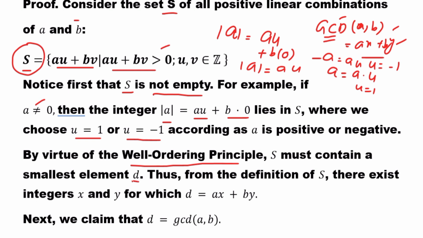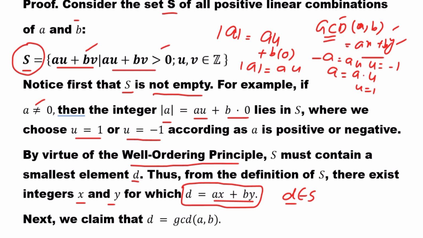Suppose the smallest element is d. Thus, from the definition of S, there exist integers x and y. Now, as d is the smallest element of S, and S is the set of all positive linear combinations, I can express d as the linear combination ax plus by. So we can write d in ax plus by form.